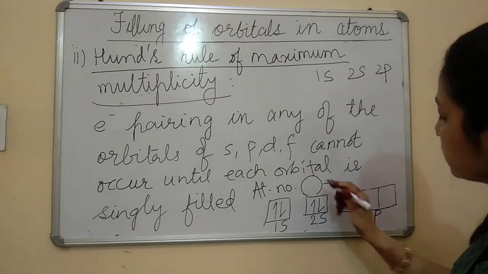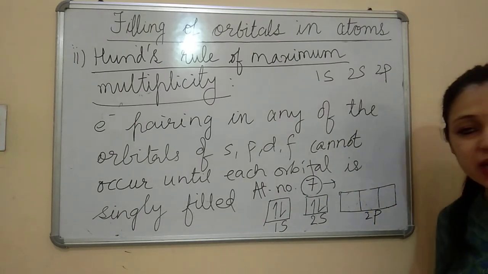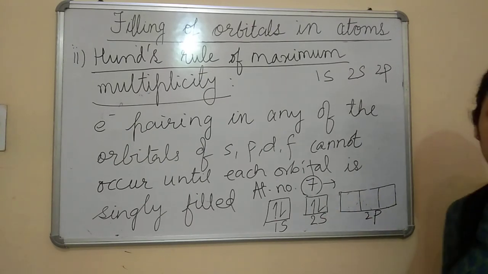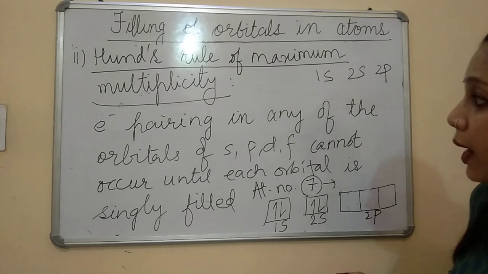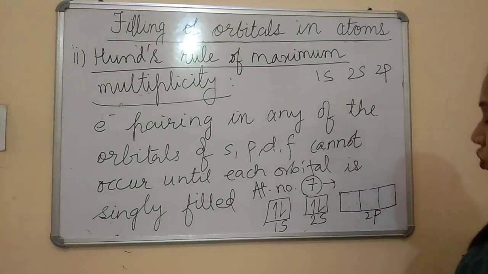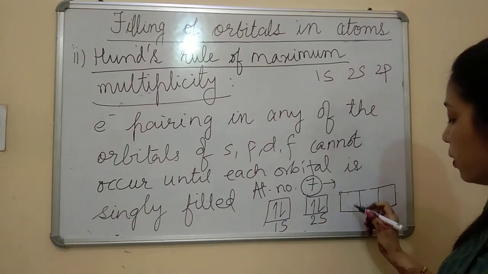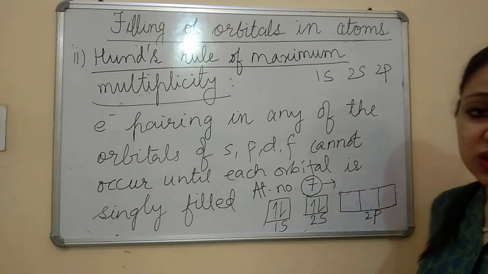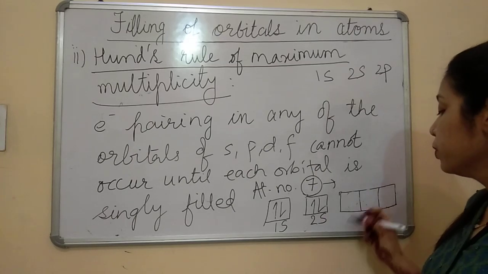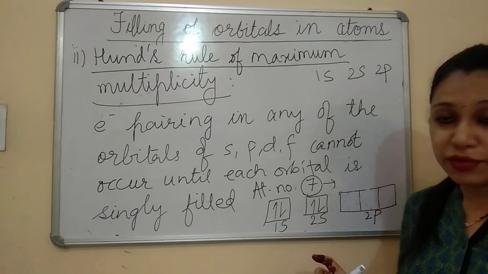Now children, suppose the atomic number of an element is 7. We have to fill the orbitals in increasing order of their energies and according to Hund's rule of maximum multiplicity. Then what will happen? 1 2 3 4. Next 5 6 7. Still 3 electrons are left to be filled in these orbitals, so I will fill these orbitals singly first.